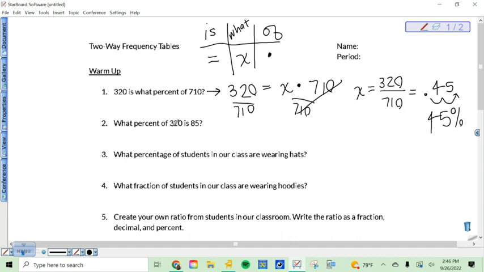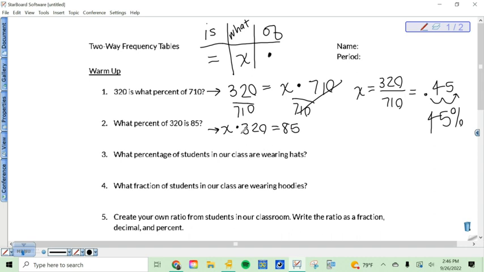So what percent, that's x. I don't want to put it there, I want to put it over here. That turns into x. Of turns into times. 320, our numbers stay the same. Is equals 85. What do I do to solve for x?